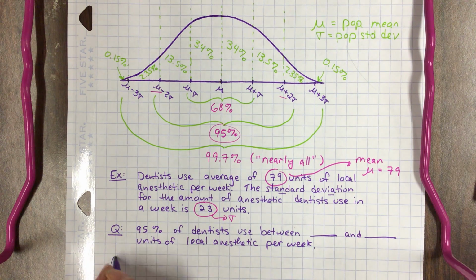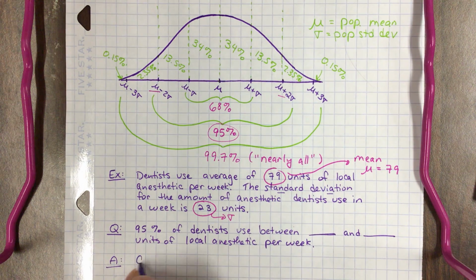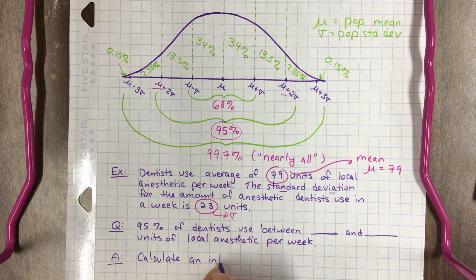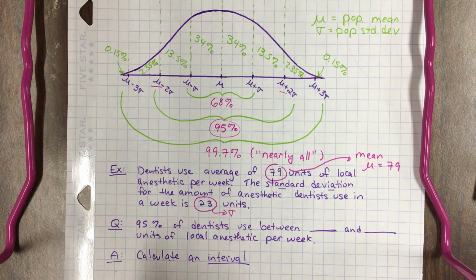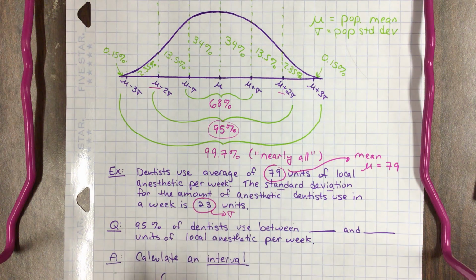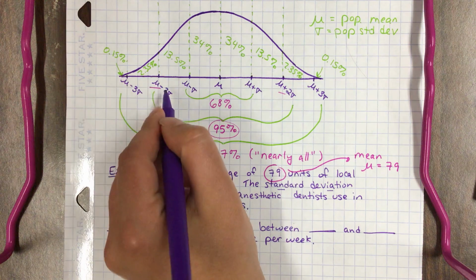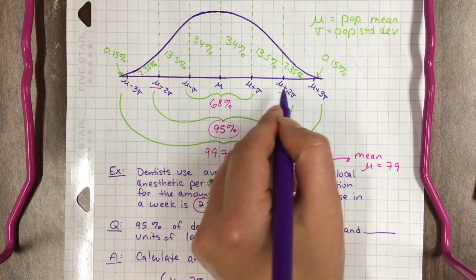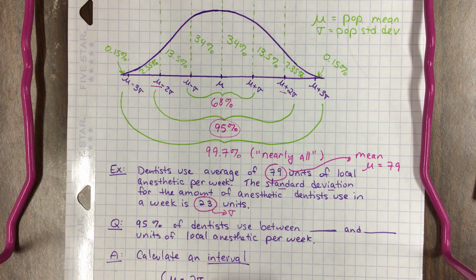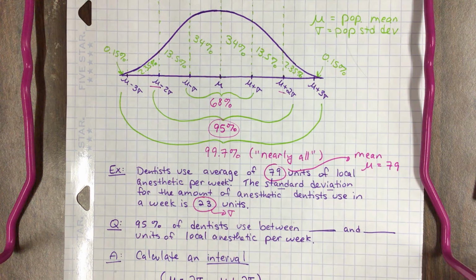So my solution here is I'm going to calculate an interval or range of values. My lower endpoint or smaller value will be mean minus 2 standard deviations. And again, I figured out 2 standard deviations from the diagram here, up to mean plus 2 standard deviations.